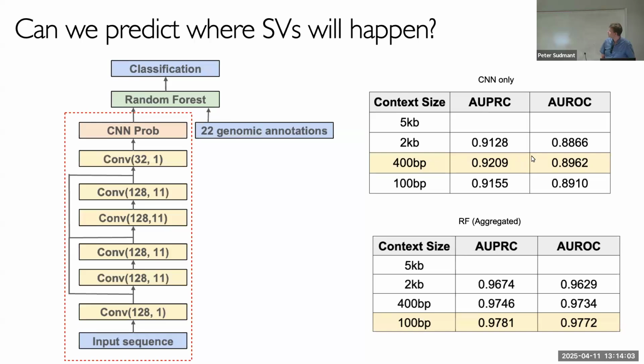So basically these numbers you want to be as close to 1 as possible. And you're getting like 0.92 or 0.9 at the best settings for being able to basically take a random piece of sequence and predict if it's going to have a structural variant in it, which is wild. And you can improve this to like 97 or 98% accuracy if you stick in genomic annotations.